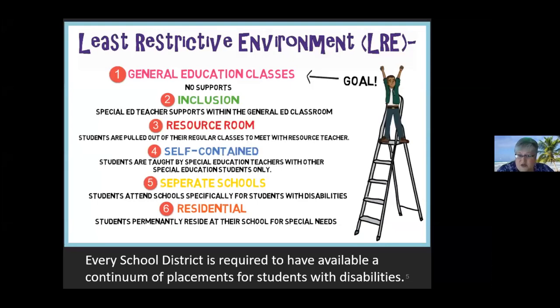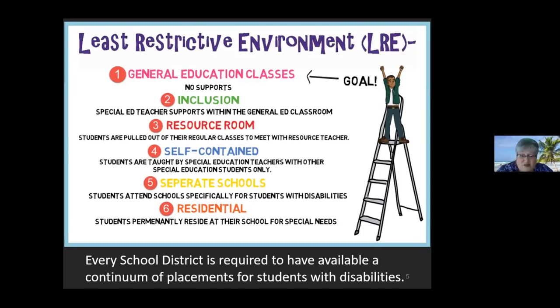So there is a continuum of services, and it starts off with the general education classroom, which is our goal, to just be like everybody else and our typical peers with no supports and no services. And it goes all the way through to residential services and everything in between. We can talk about inclusion, where we might put another teacher, a special ed teacher, in the classroom to help students that need help.